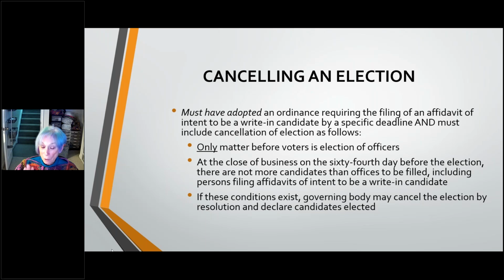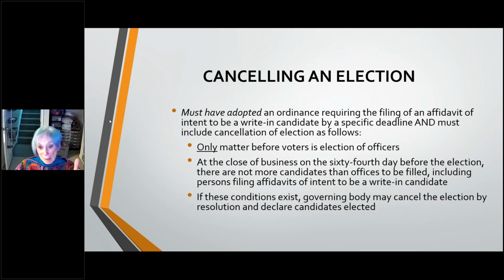So if you've got the ordinance that contains those two parts, then you can cancel your election under the following conditions. As I just said, the only matter before voters is the election of officers. If you have any ballot item on your ballot, even if you have the same or fewer number of candidates as positions to be voted on, you cannot cancel your election.